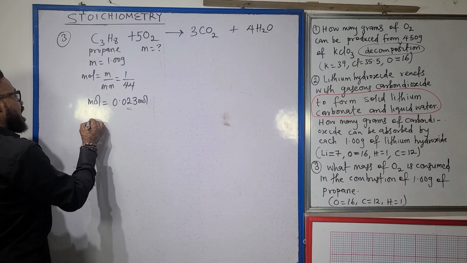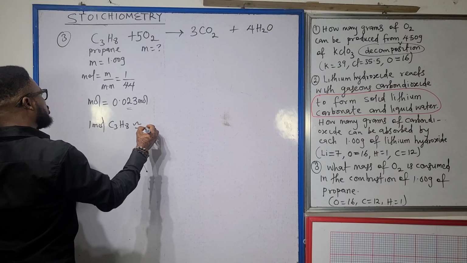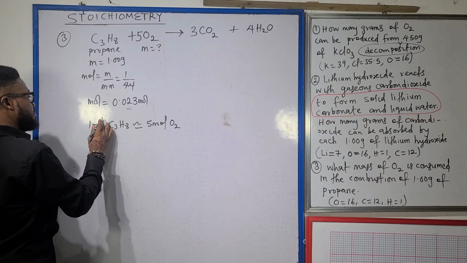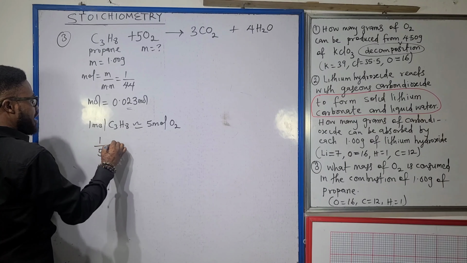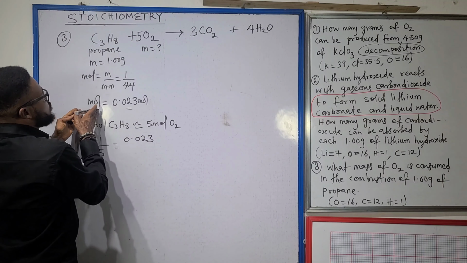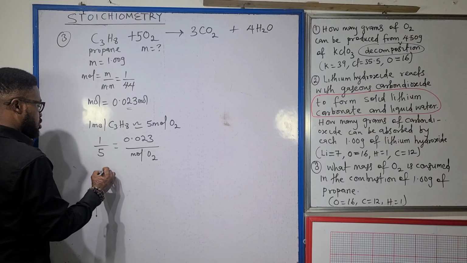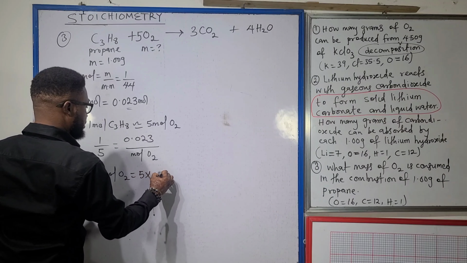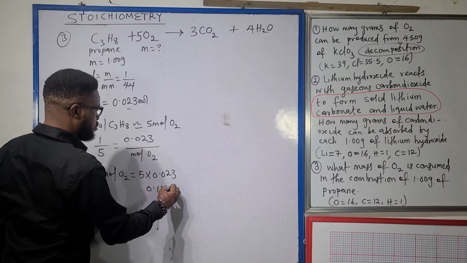In this case, I'd say 1 mole of propane, C3H8, is stoichiometrically equivalent to 5 mole of oxygen. So 1 over 5 equals 0.023 divided by the mole of oxygen. So mole of oxygen equals 5 times 0.023, that is 0.115 mole.